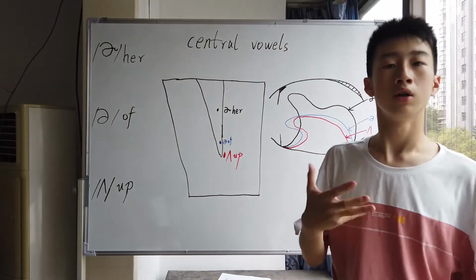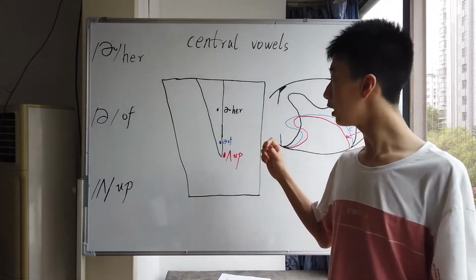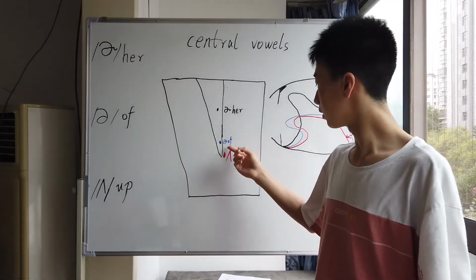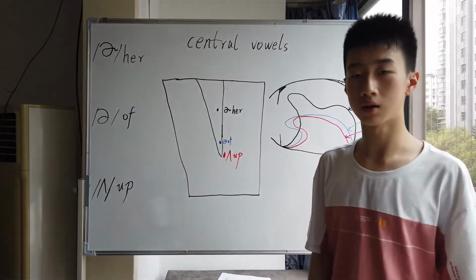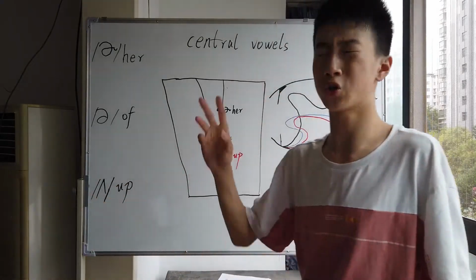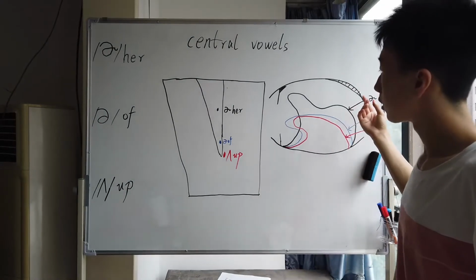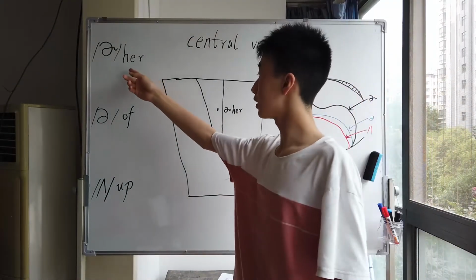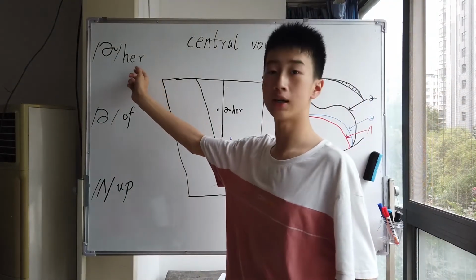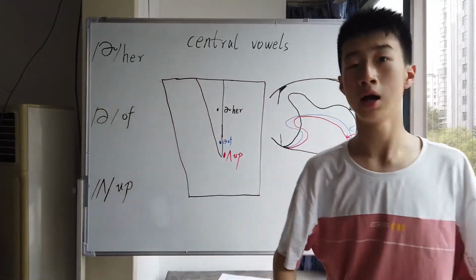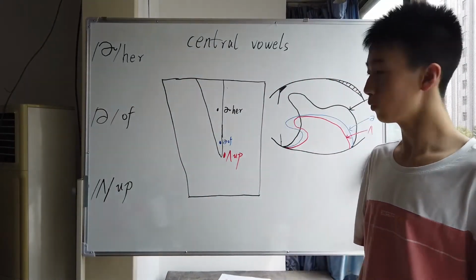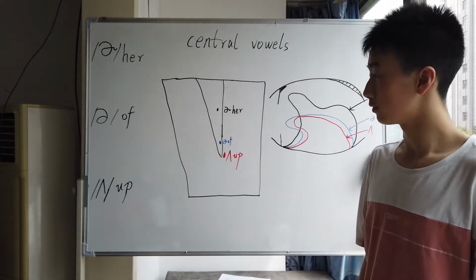And the mouth opens up just a little bit more, I would say, than the schwa sound, but not that much, only by a teensy tiny bit. But there you go, there is the sound, and a word that has the sound in it would be her. I love her. Really? Who is this her you're talking about? Won't tell you.